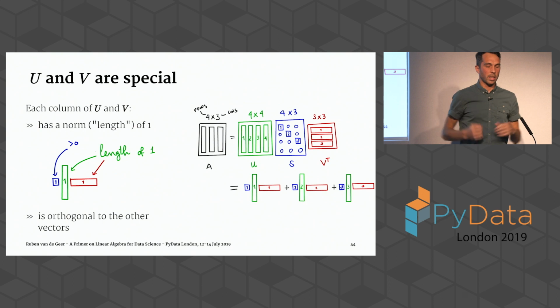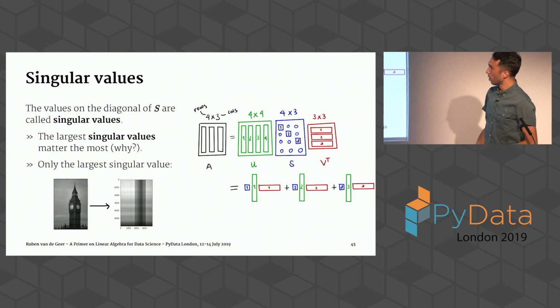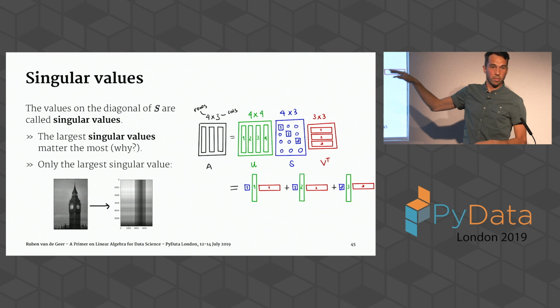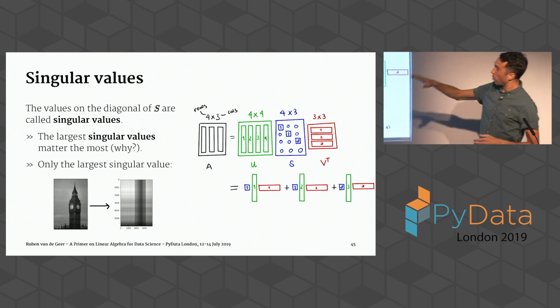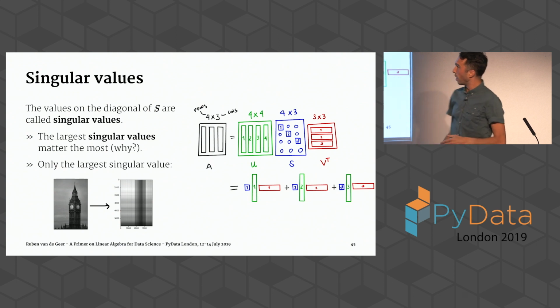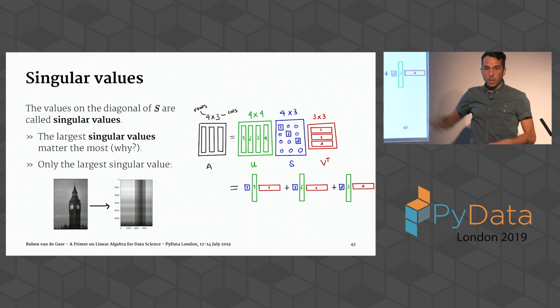That's at least how I try to convince myself how this works. So for the Big Ben, by the way, these blue values are called singular values. You might have heard of them at some point. If you do this whole trick for the Big Ben, and you only take the one that corresponds with the largest blue value, you get the picture over there.